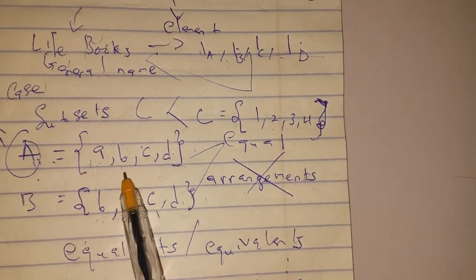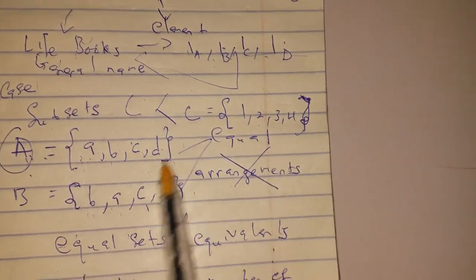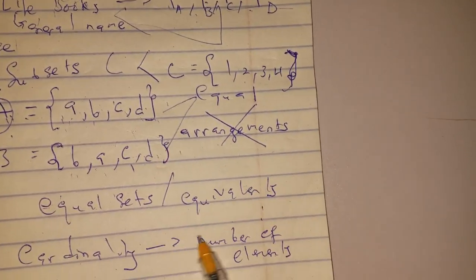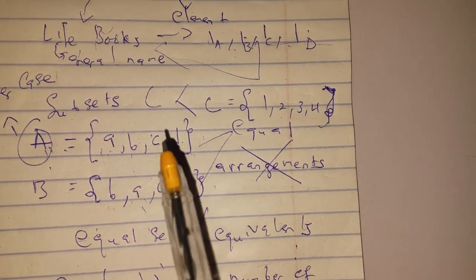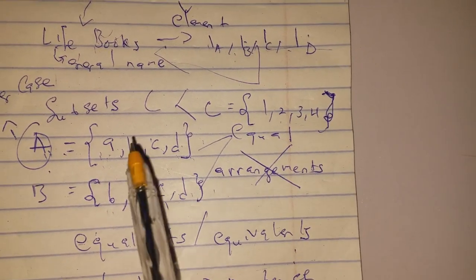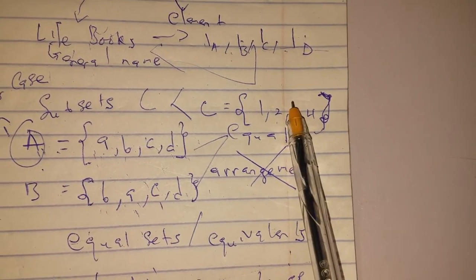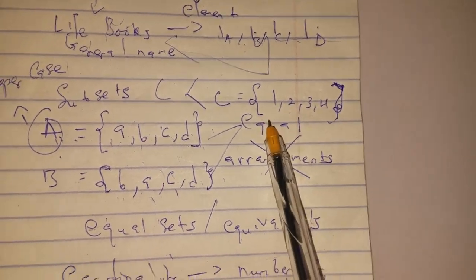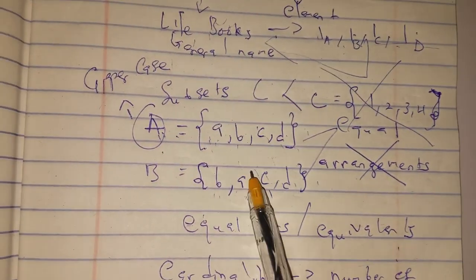Set A has 4 elements, set C 4 elements, set B 4 elements. They are all equivalent sets, but A and B are equal sets because they have the same kind of elements. But C doesn't have the same elements, just the same number, which means it is not an equal set with these two.